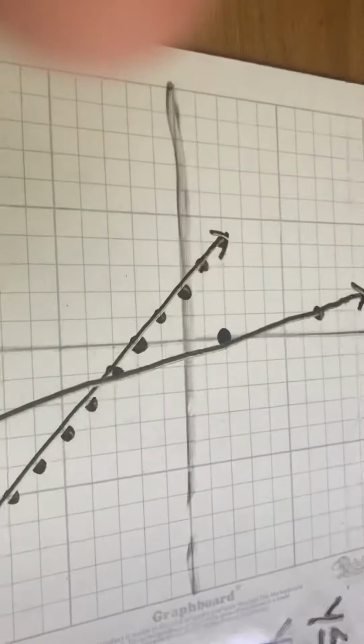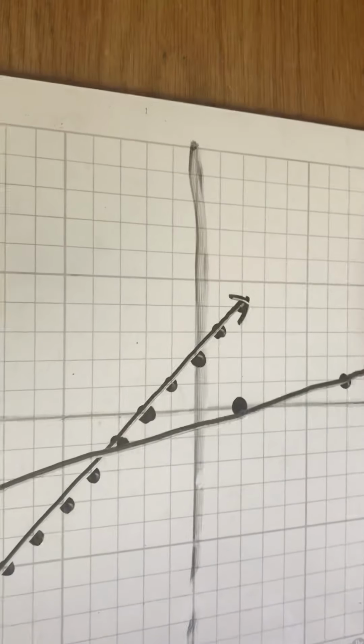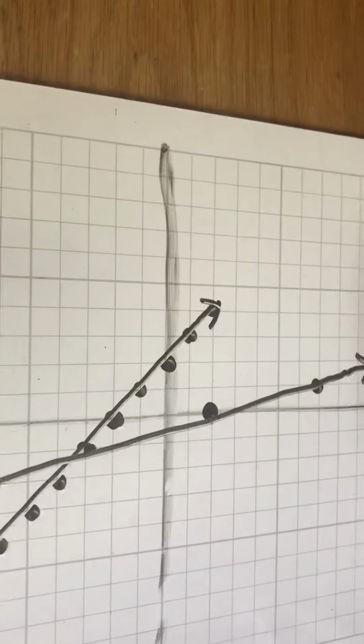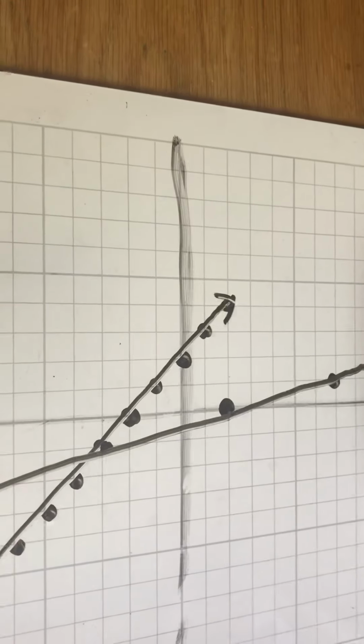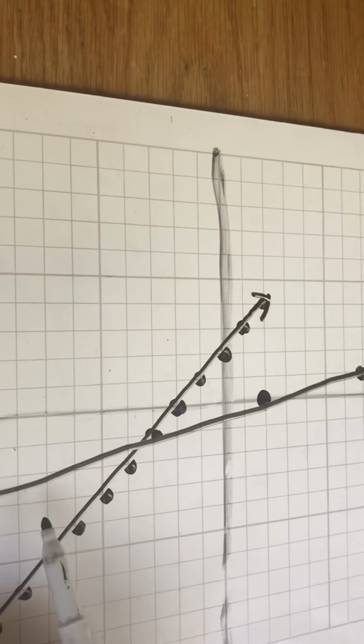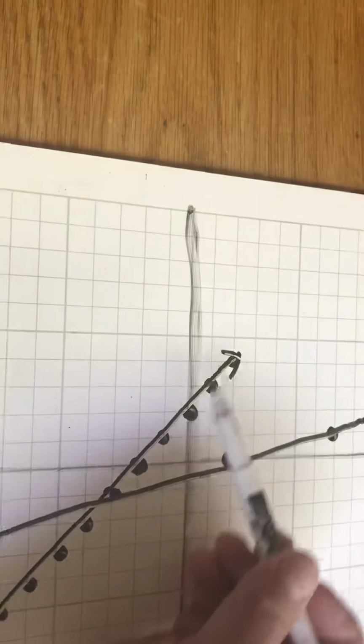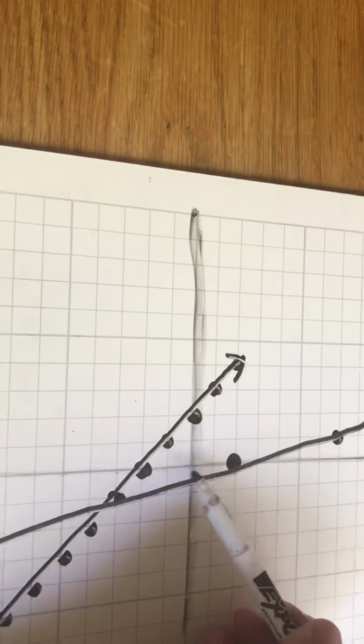And if we think about that, what does that tell us? Well, that tells us that the graph has to be less than this point here, okay? Well, let's think about this. This graph goes on forever.